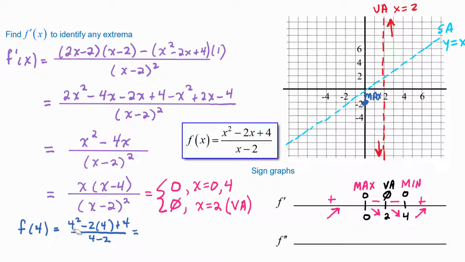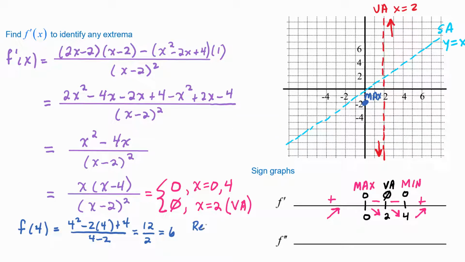So we have 16 minus 8 is 8, plus 4 is 12, divided by 2 is equal to 6. So we have a relative min at 4, 6. So we come over here to the graph, and at 4, 6, we make a note that we have a minimum there.